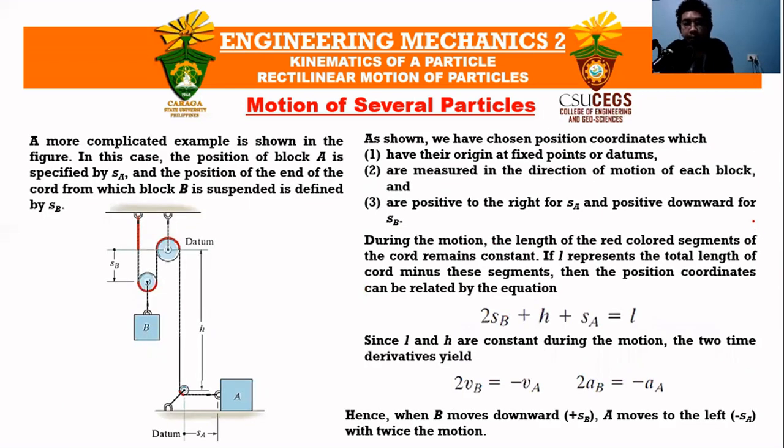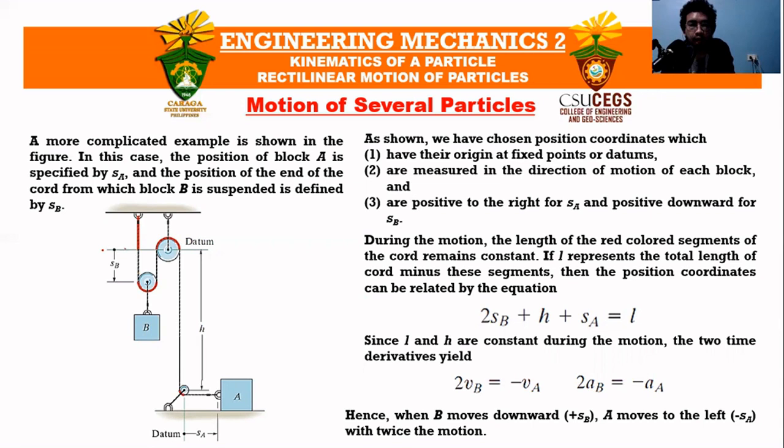A more complicated example is shown in the figure below. In this case, the position of block A is specified by SA, and the position of the end of the cord from which block B is suspended is defined by SB.